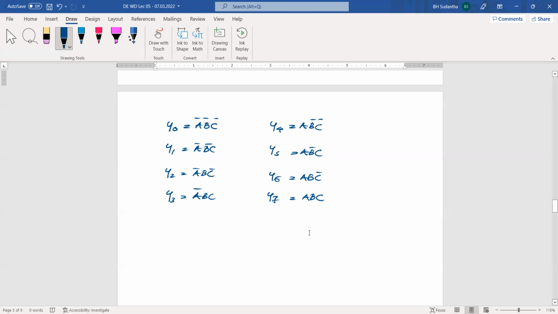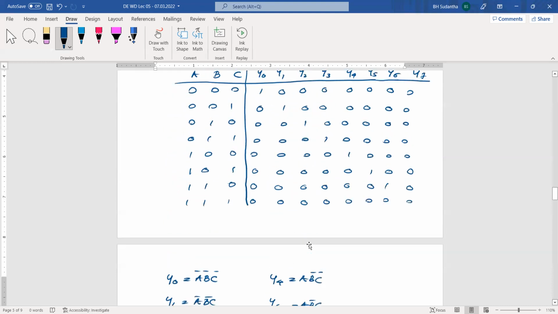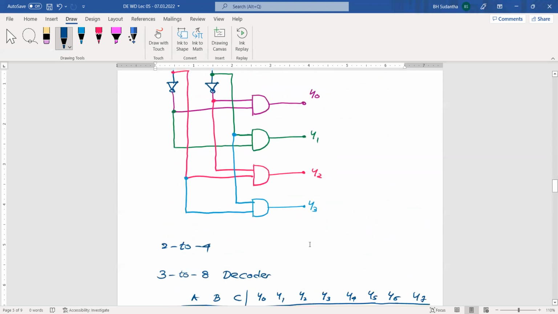Okay. Is it okay? Can you draw the circuit like this?